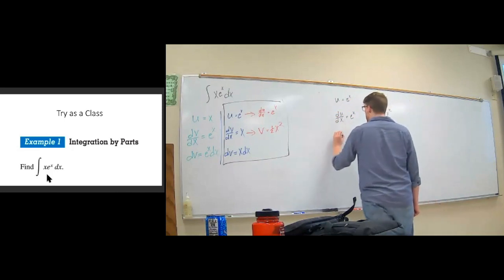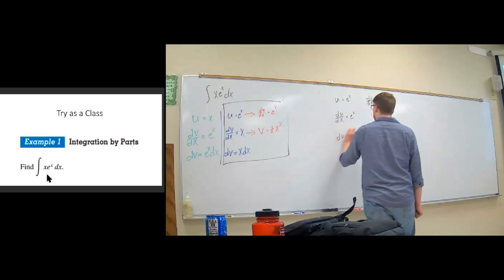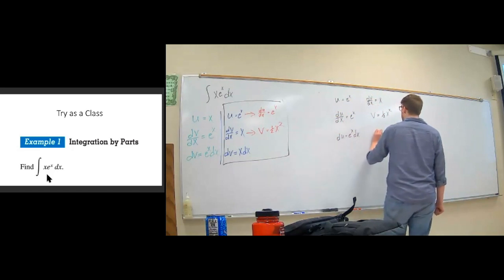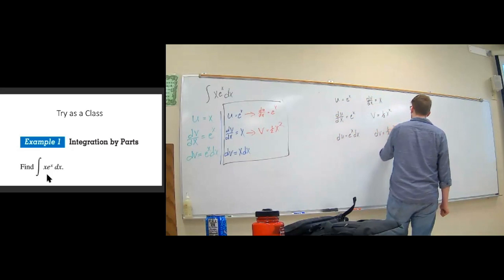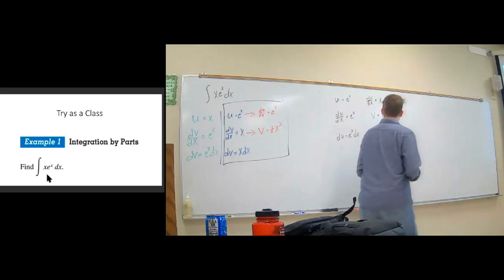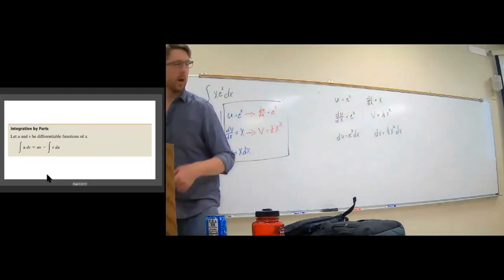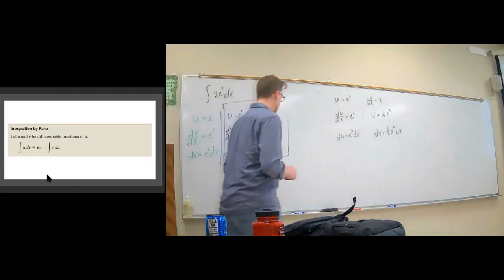Now coming down here, du would be equal to e to the x dx, and dv would be equal to 1/2 x squared dx.